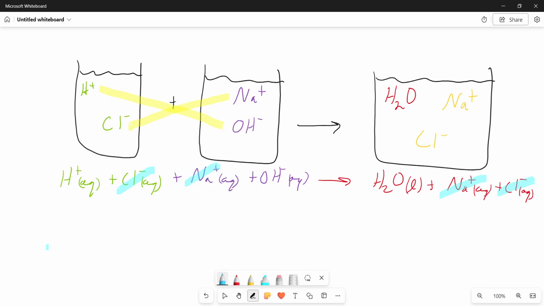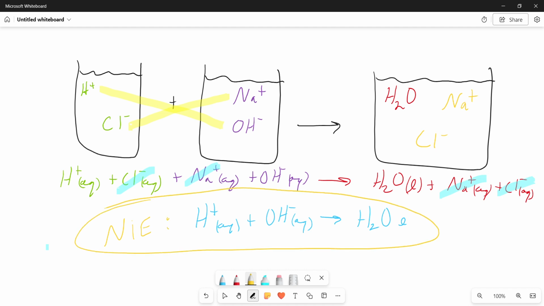So we get H+ aqueous plus OH- aqueous yielding H2O liquid. And like I said, that is our net ionic equation. So that's our final answer.